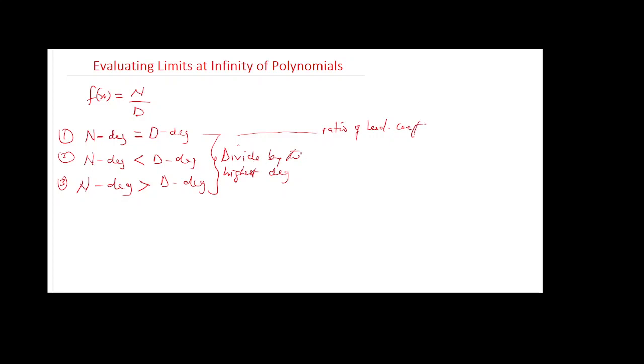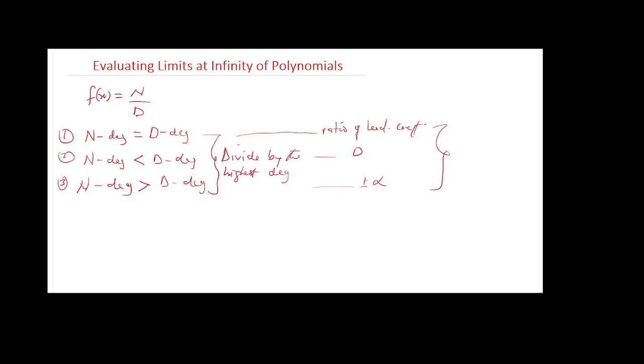And in the second case, we will always have it to be 0, where the numerator is less, so it is bottom heavy. The third case, it is top heavy, and we will have plus or minus infinity. This will always be the output.